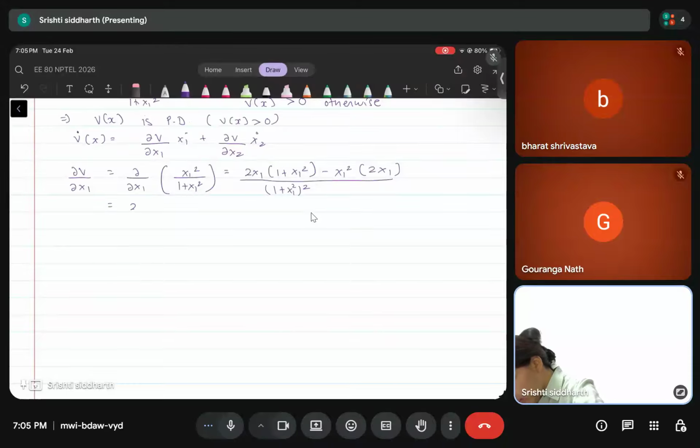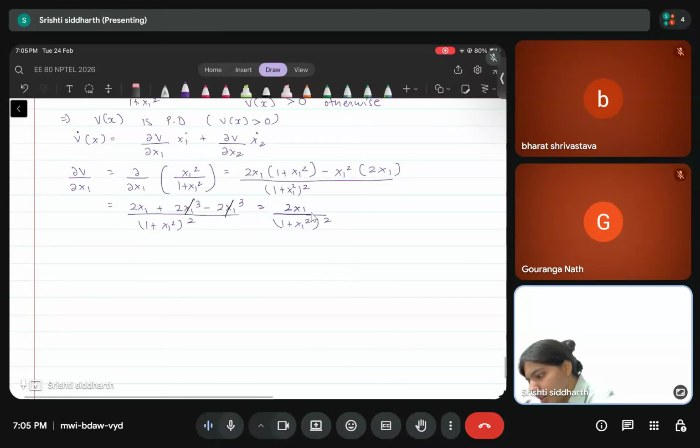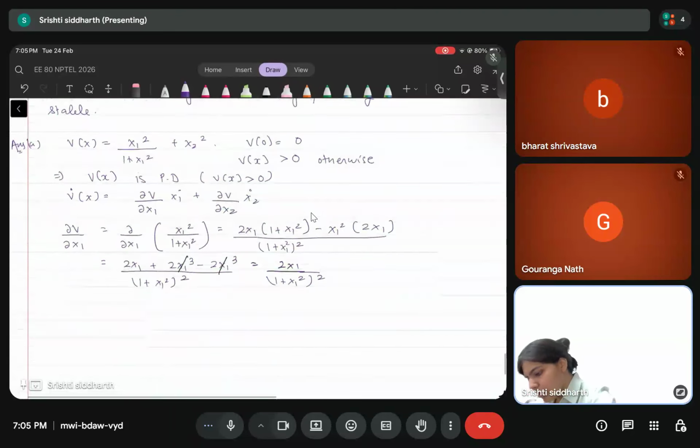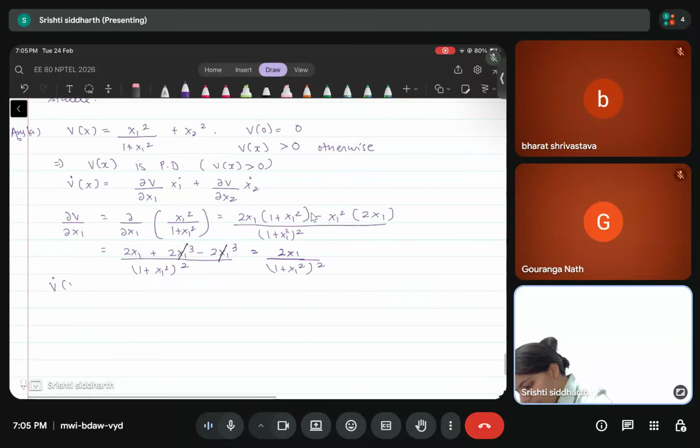This is 2x1 plus 2x1 cube minus 2x1 cube. So cancel these and get 2x1 over 1 plus x1 squared whole square. Del V by del x2 is simple. It is simply 2x2.